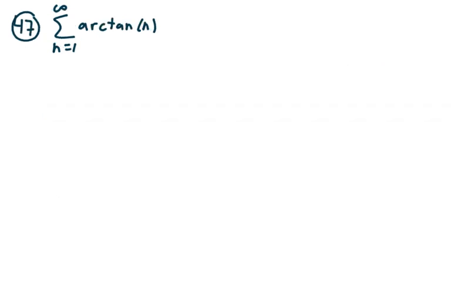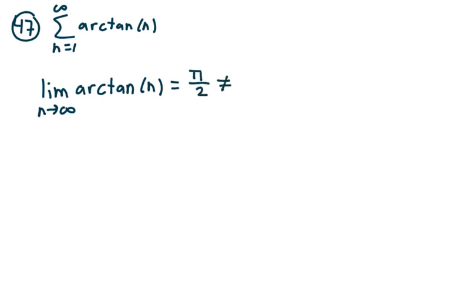Let's take a look at 47. So we have the summation from n equal 1 to infinity of arctangent of n. And I want the limit as n goes to infinity of arctangent of n. But this is equal to pi over 2, which doesn't equal 0. We're done.